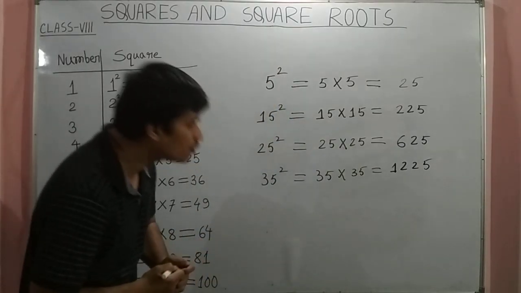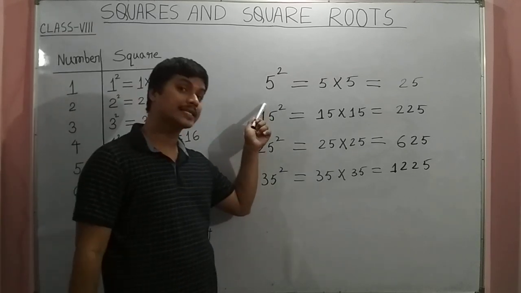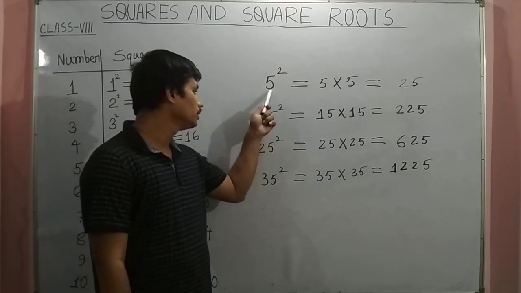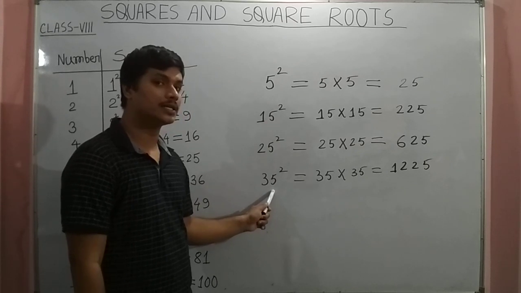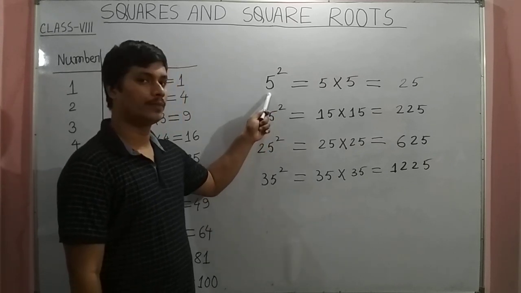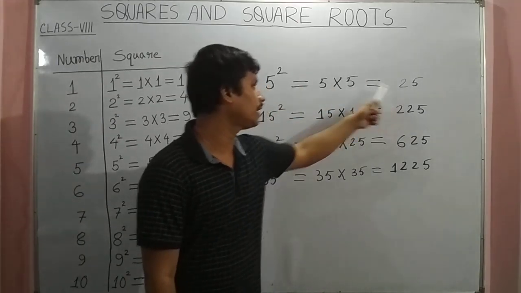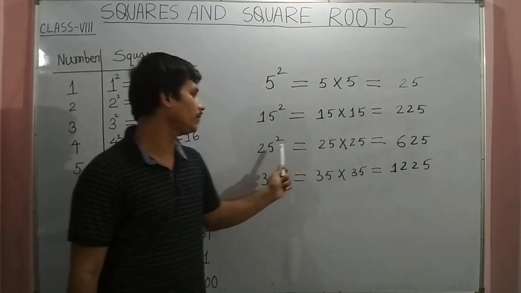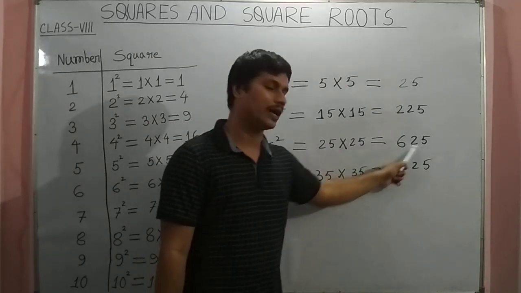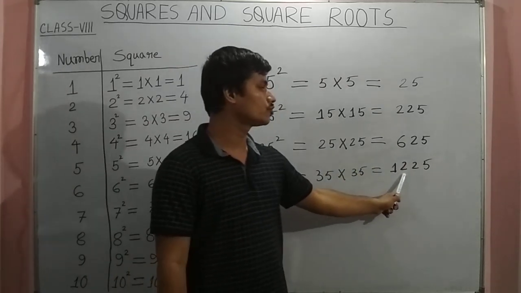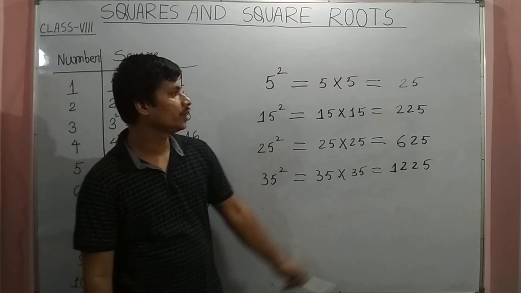Now, students, what is the units place in these numbers? The units place is 5. Now square of 5 is 25, square of 15 is 225, square of 25 is 625, square of 35 is 1225. Here what is the units place?